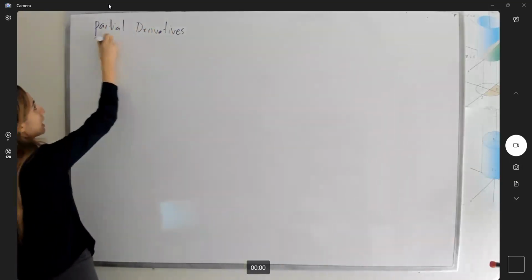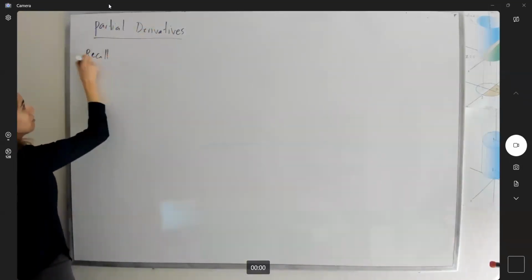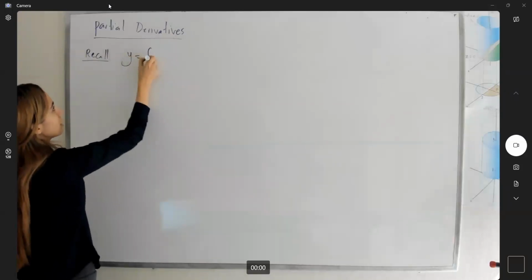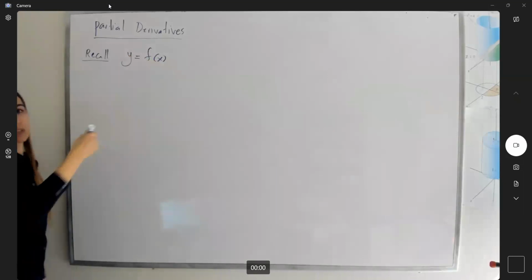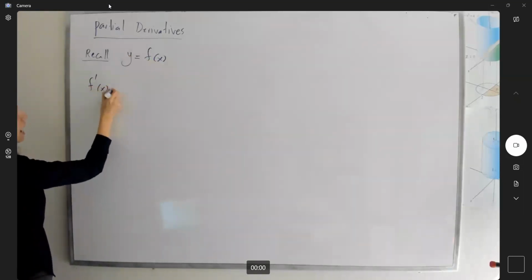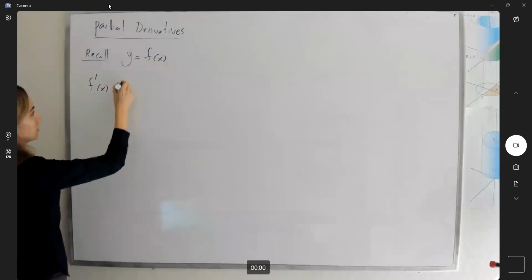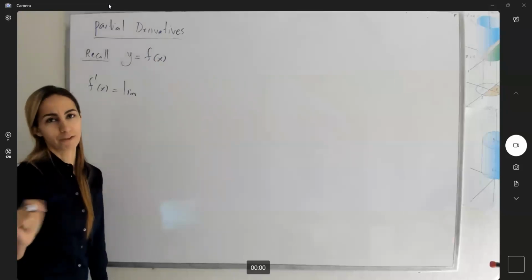First of all, recall from your elementary calculus, if you have y equals f of x, then you can find the rate of change of the function by taking the derivative of the function, and it has a limit definition. Then you use the shortcuts for some nicely defined functions.